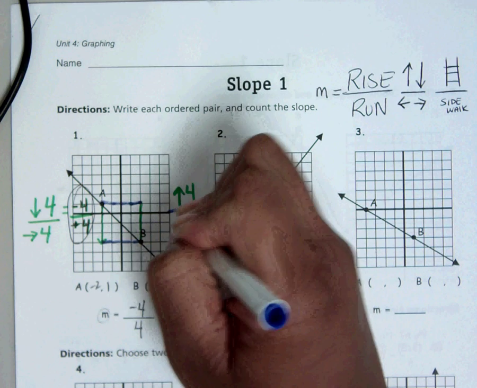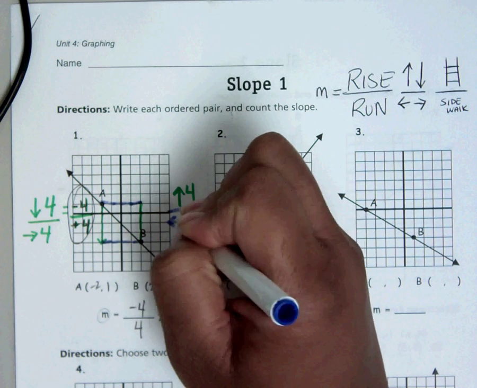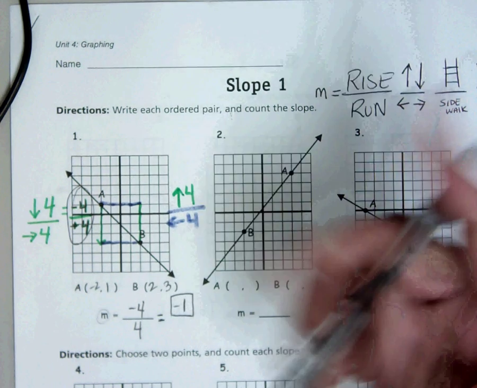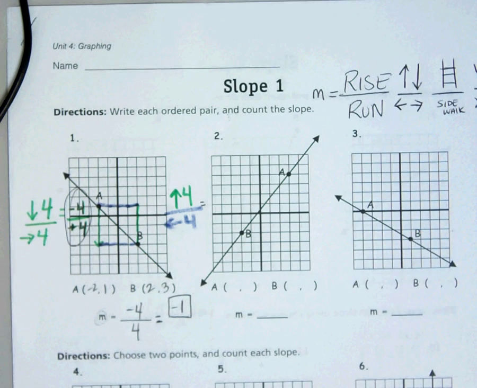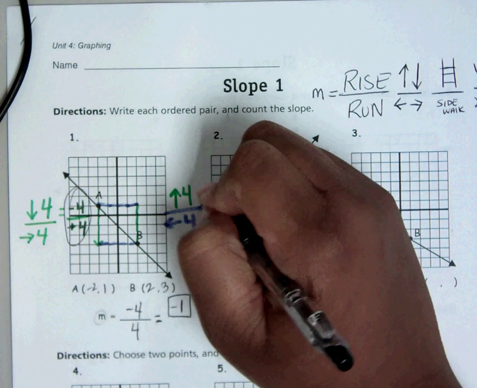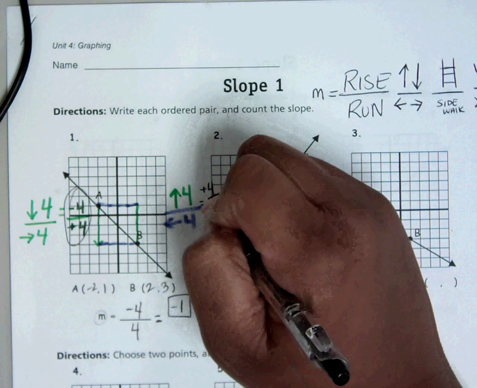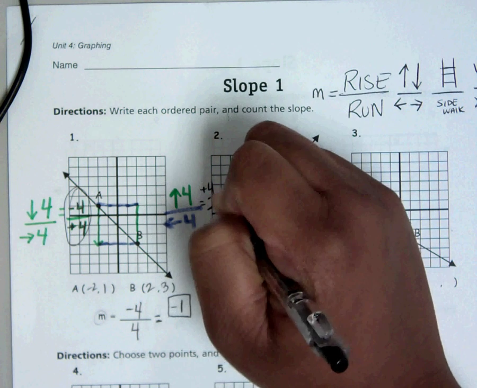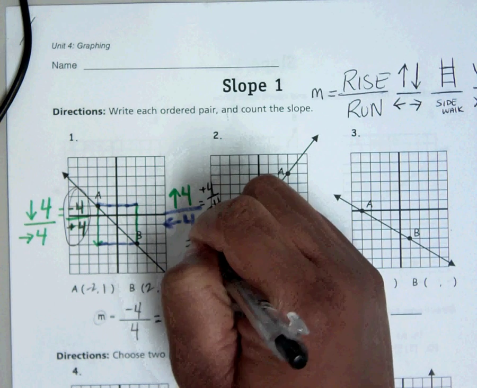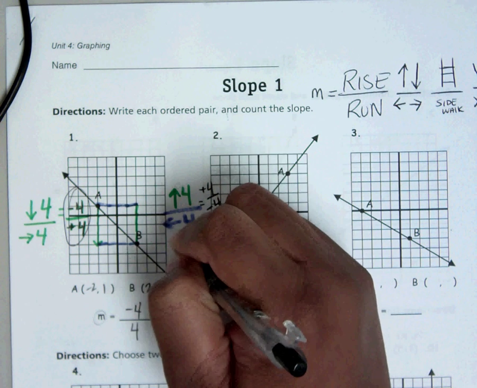Left 4. Now when you go left 4, that translates to +4 over -4, which gives you, again, a -1.